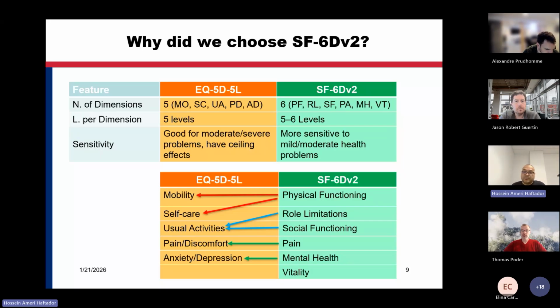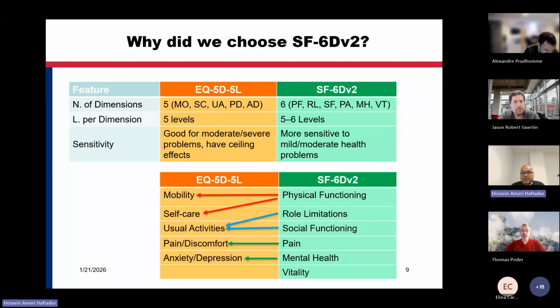So SF6D covers more dimensions, and SF6D has 5 to 6 levels. So this can create more health states, and SF6D is more sensitive to mild and moderate health states.